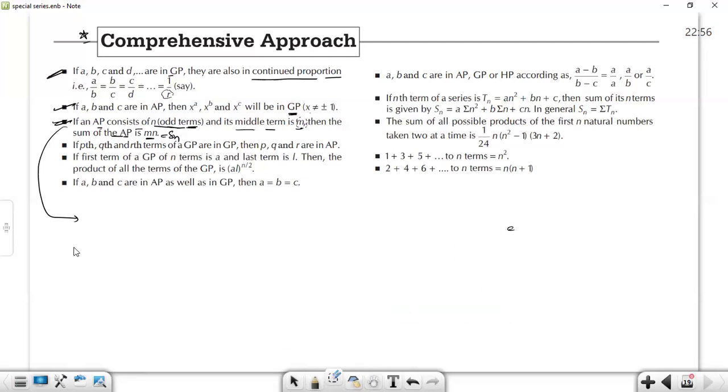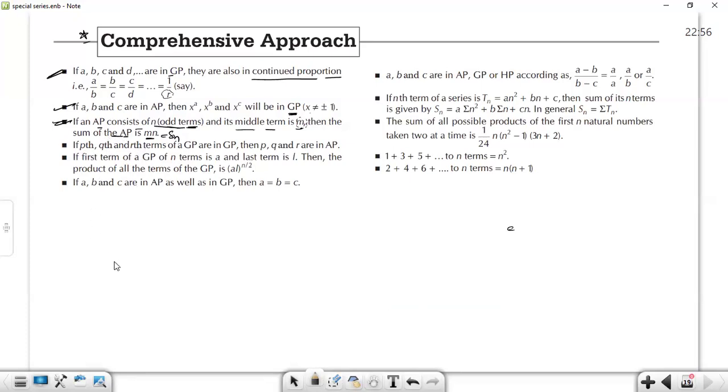so let's now discuss the next point. If the pth, qth, and rth terms of a GP are in GP, then p, q, r are in AP. That was tough to understand, no?